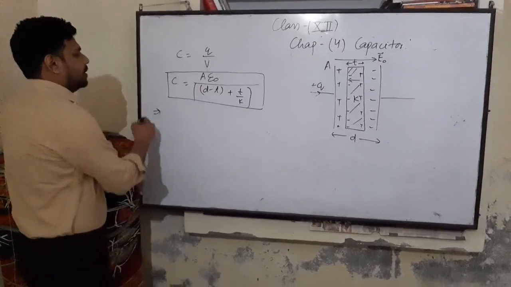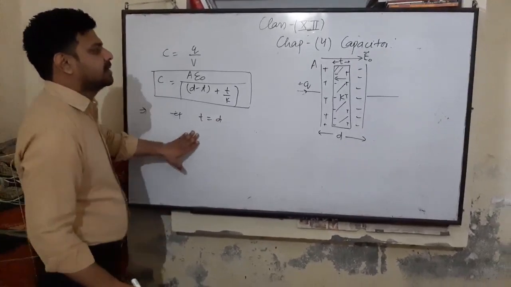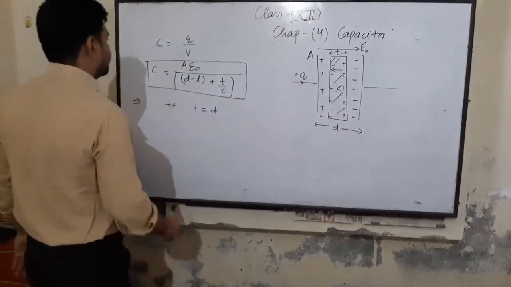Now, if T is equal to D, it means the dielectric is filled in the complete space between the plates.